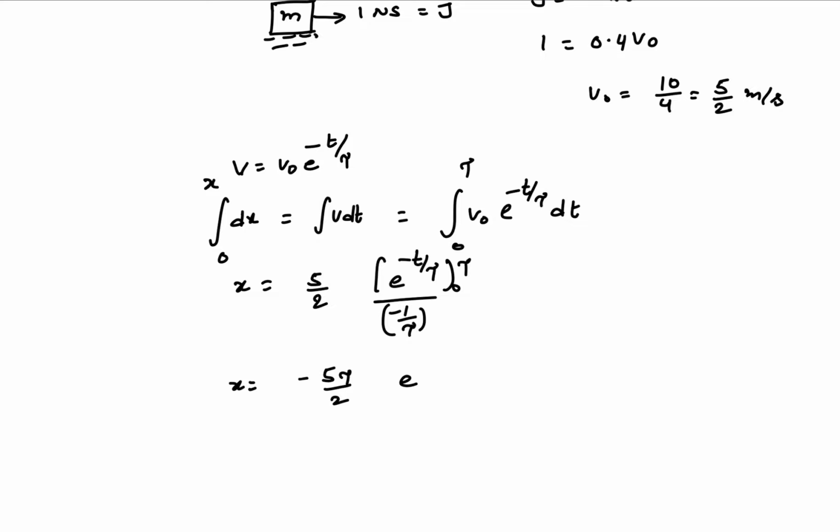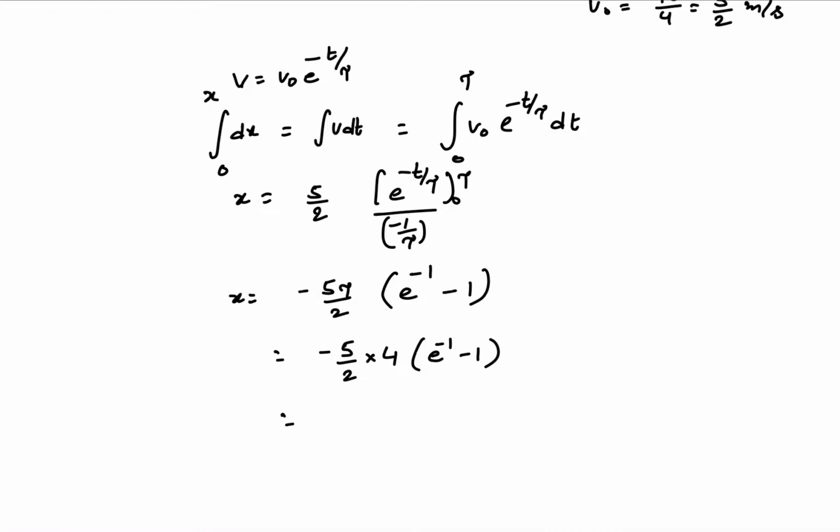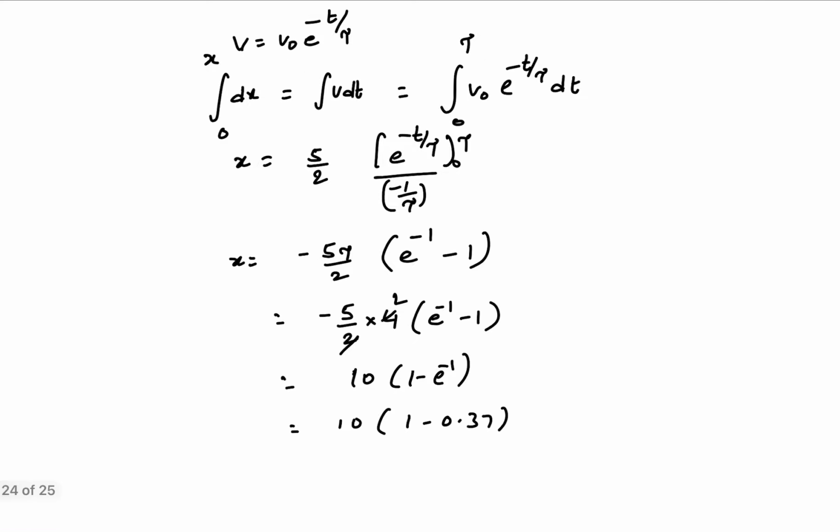Substitute there, x is equal to minus 5 tau divided by 2 into e to the power of minus 1 minus e power 0, which is 1. We can substitute that: minus 5 divided by 2 into tau is equal to 4, e to the power of minus 1 minus 1. So you can get 5, and you can see the 2 times get cancelled. 10 into 1 minus e to the power of minus 1.